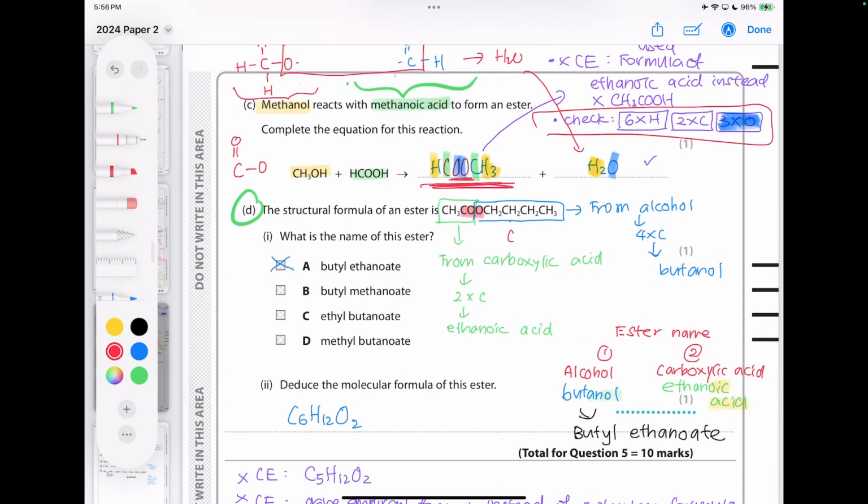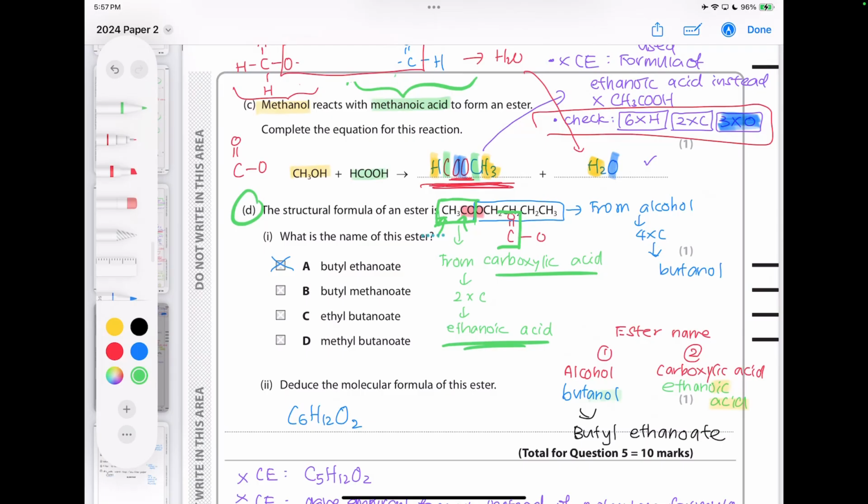Okay, this part here in the green box is basically where your carboxylic acid is, because this C double bonded oxygen is where the functional group of carboxylic acid used to be. And since there's 1 C and 2 C's over here, this is an ethanoic acid.